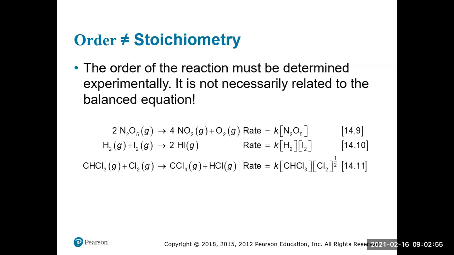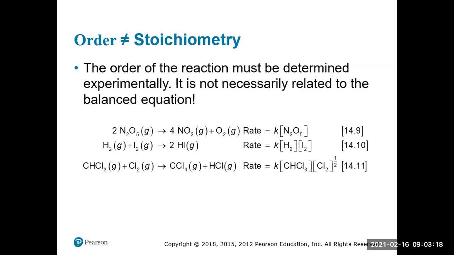It's a first order reactant. Then on the other hand, we have H2 plus I2 going to 2HI. And in that case, the H2 and the I2, with coefficients of 1 for each, those both are first order reactants. So that one matches. So the first one didn't match, the second one did match.